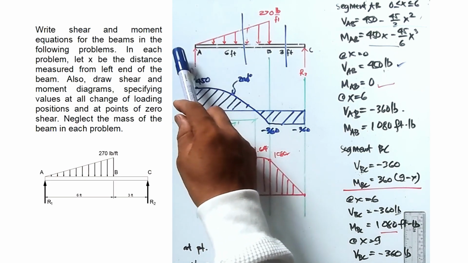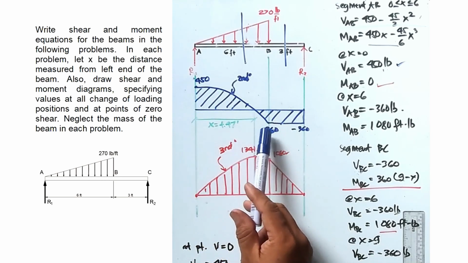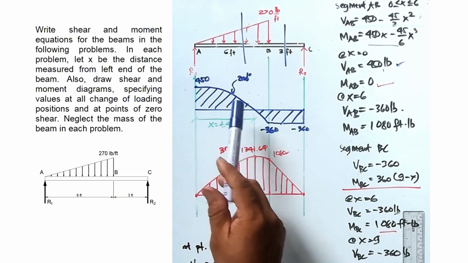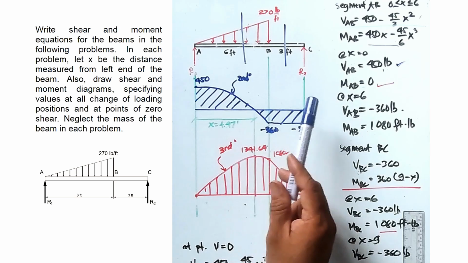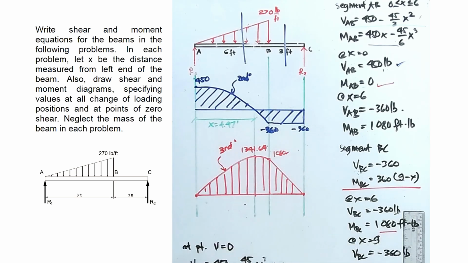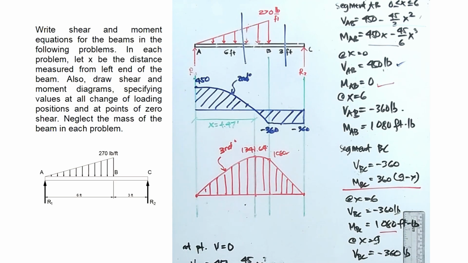You already have a uniformly varying load here. We can expect a second degree curve. And then if the shear is 0, we have to solve for x using the equation. We cannot use ratio and proportion for this. You will need the equation. So it's better you learn how to write the equation.